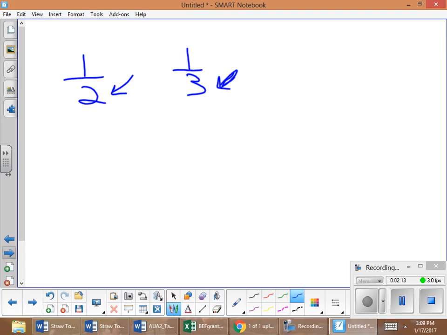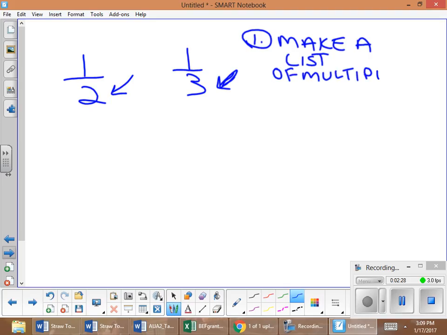So what I need to do is make a list of multiples of the 2 and the 3. I'm going to do the multiples until they match.